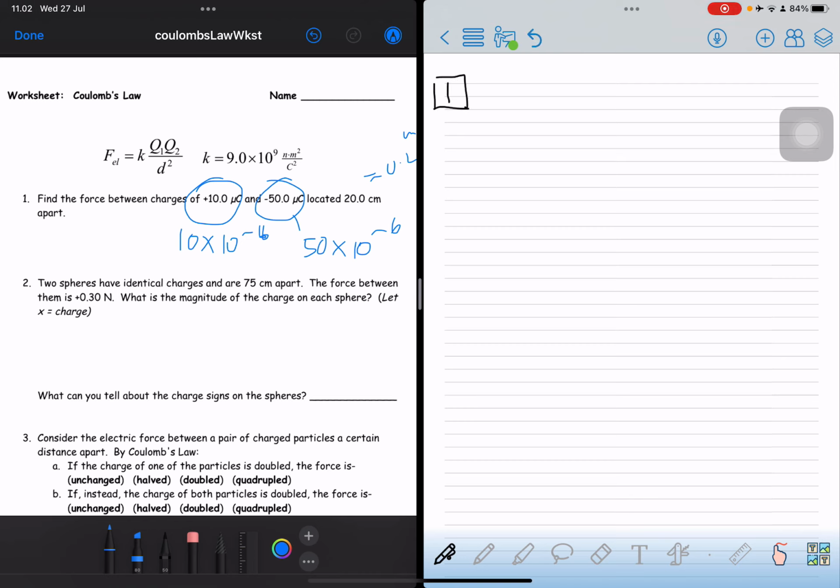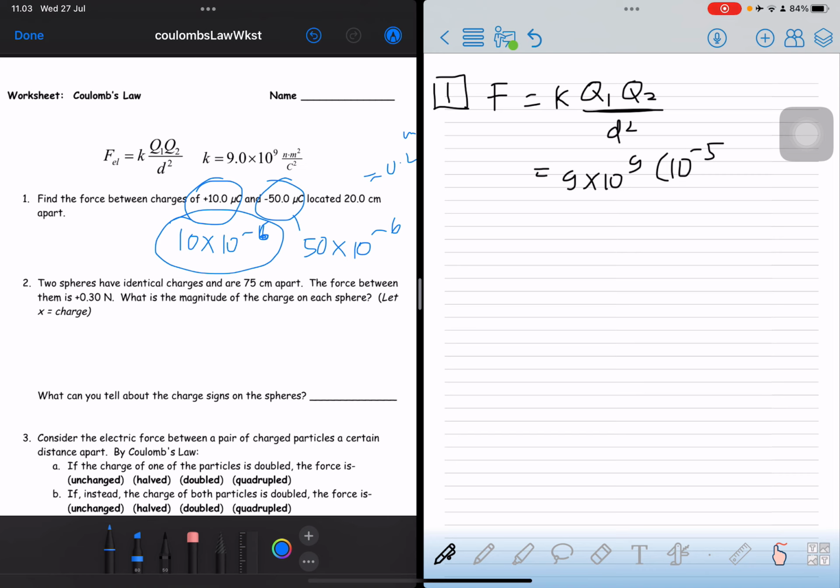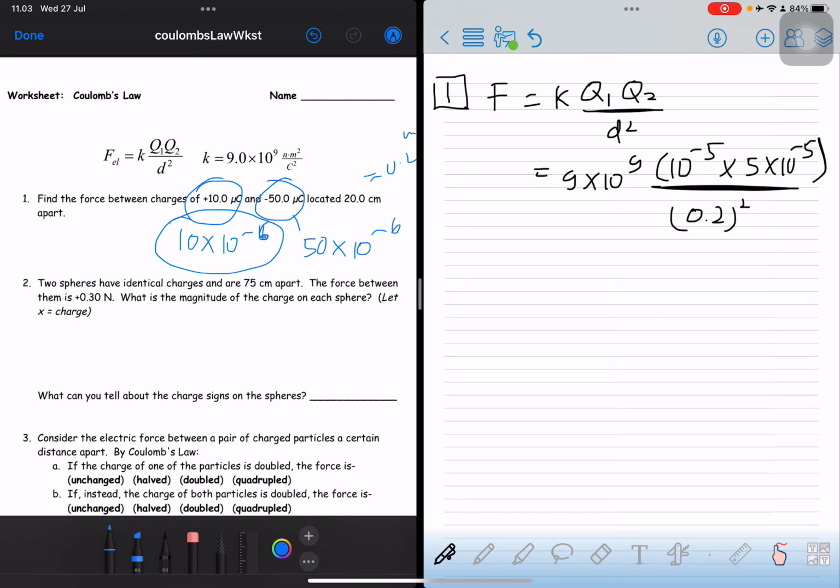So for number one, F equals K Q1 Q2 divided by D squared. This equals 9 times 10 to the power of 9, and then Q1, 10 times 10 to the power negative 6, the same as 10 to the power negative 5, and then 5 times 10 to the power negative 5 also, divided by D squared, where D is 0.2 squared. So we can calculate first: 9 times 5 equals 45, times 10 to the power of 9 negative 10 negative 1.